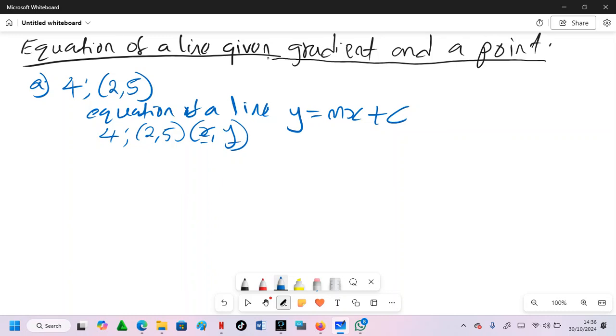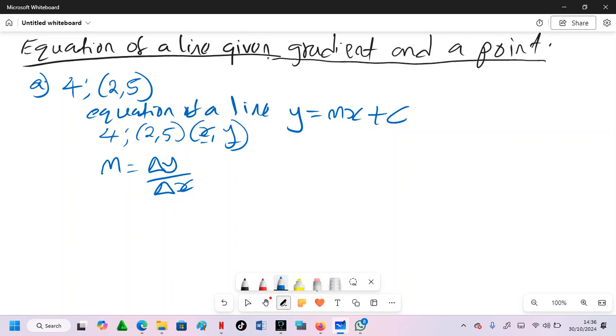And then you use the formula for getting the slope or the gradient of a line. We say that the gradient of a line is the change in y over the change in x.